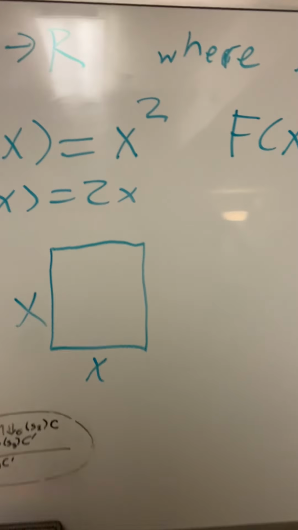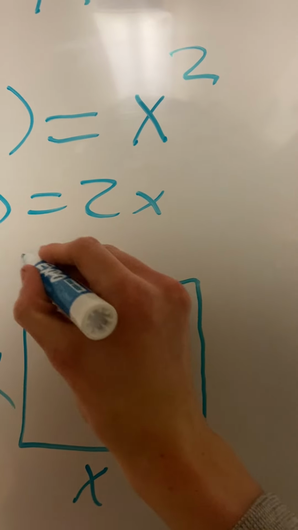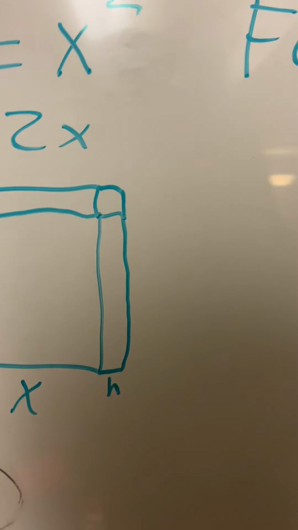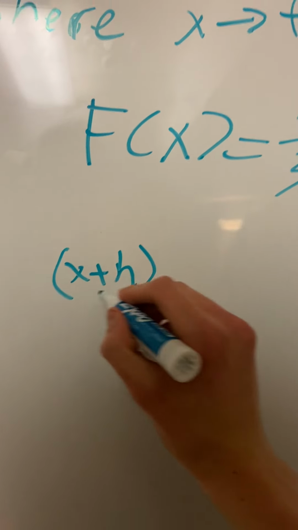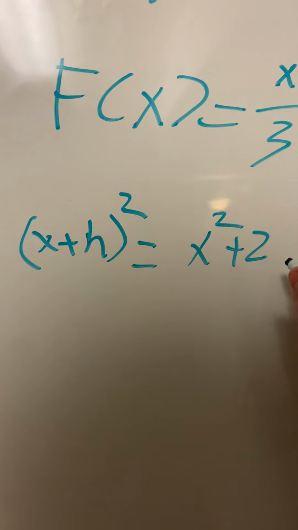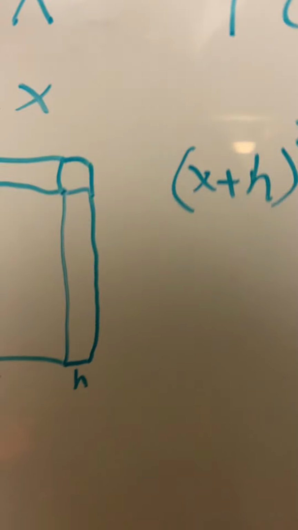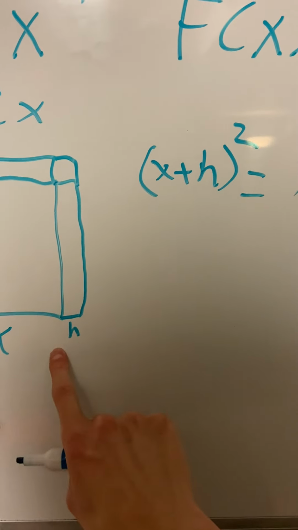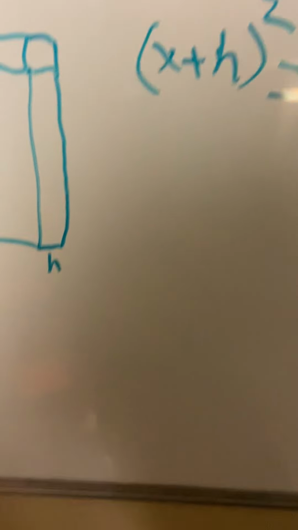So then the derivative is what we get by adding on some little bit, we call this h, and then the area of this new square is x plus h squared equals x squared plus 2h plus h squared. And we want to ask ourselves, how much did this just increase it by? What did we just do here?